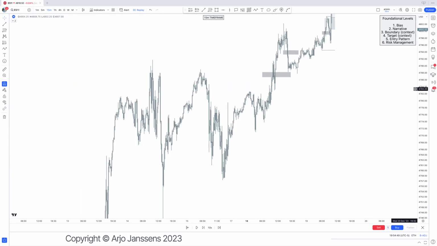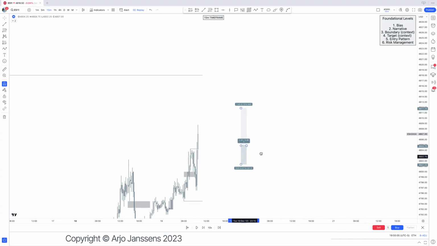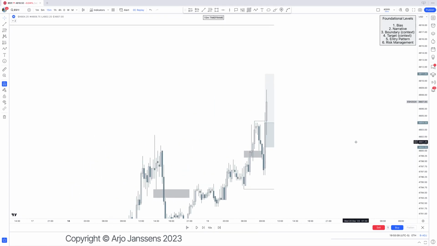Perfect. Yes, we can potentially do that. But the fair value gaps right there are simply not pointing towards that daily fair value gap right now. So why would we force a trade into that daily fair value gap if the lower time frame price action is simply telling us that we want to continue higher right now? So eventually this trade plays out right there.